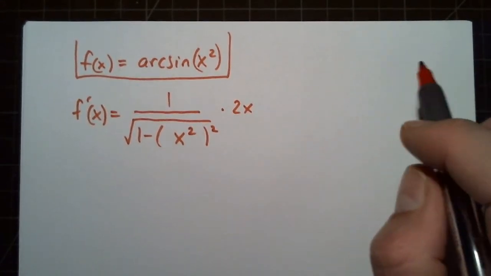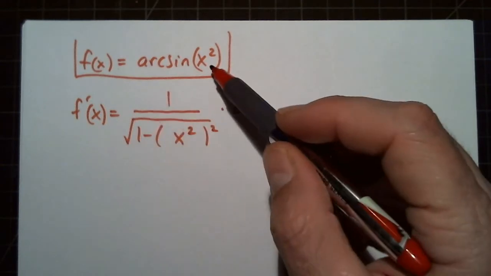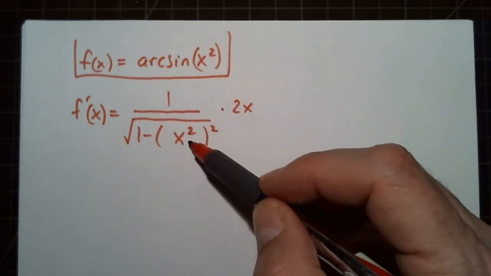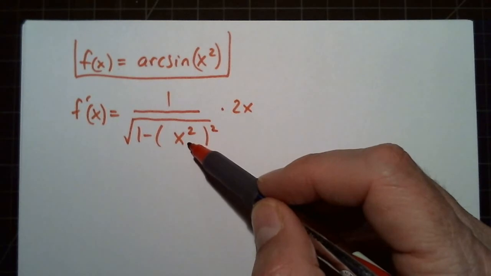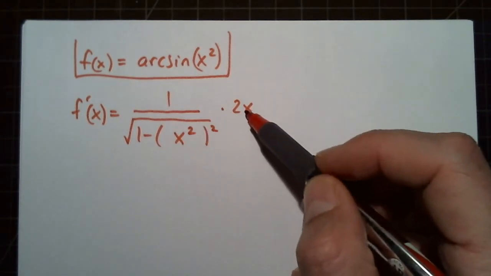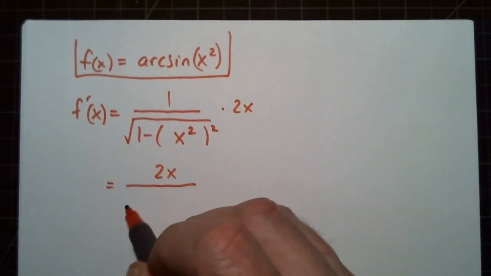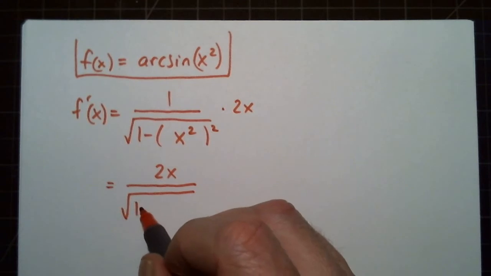So this is the derivative of the outside, leaving the inside the same, which means put that in place of the variable in the formula, and then times the derivative of the inside, 2x. There's not much else to do. Let's just write it like that.